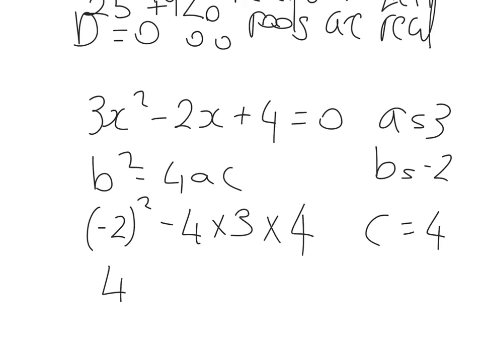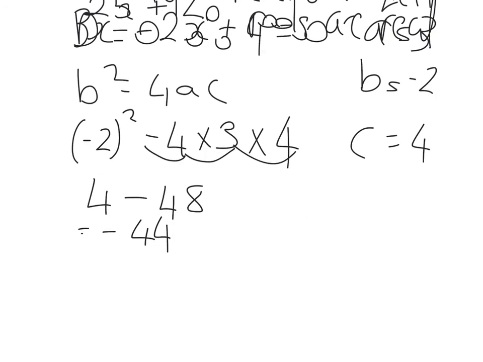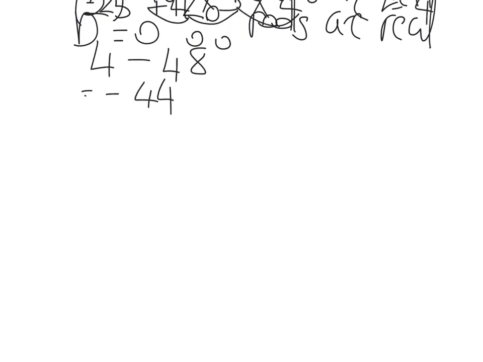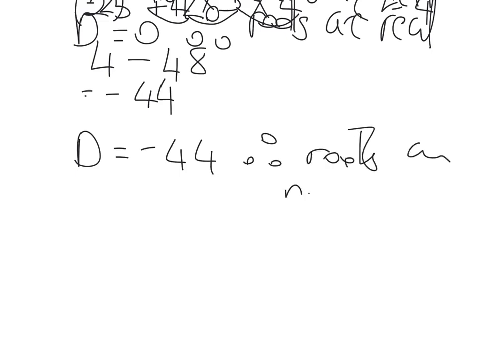Minus 2 squared is 4. Take your time with this: minus 4 times 3 is minus 12, and minus 12 times 4 is minus 48. 4 minus 48 is minus 44. The discriminant equals minus 44, therefore the roots are non-real.